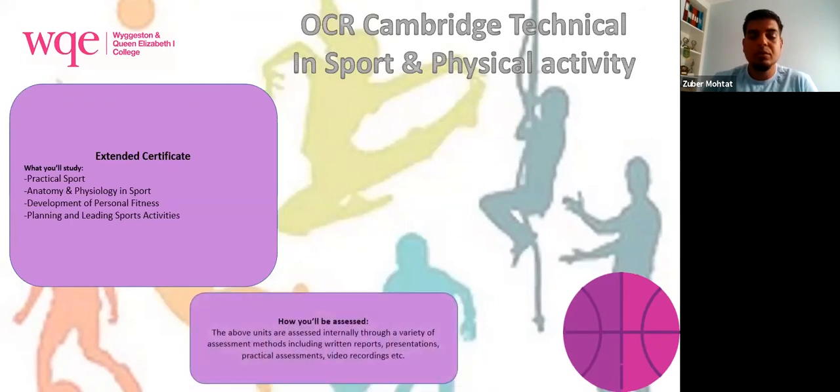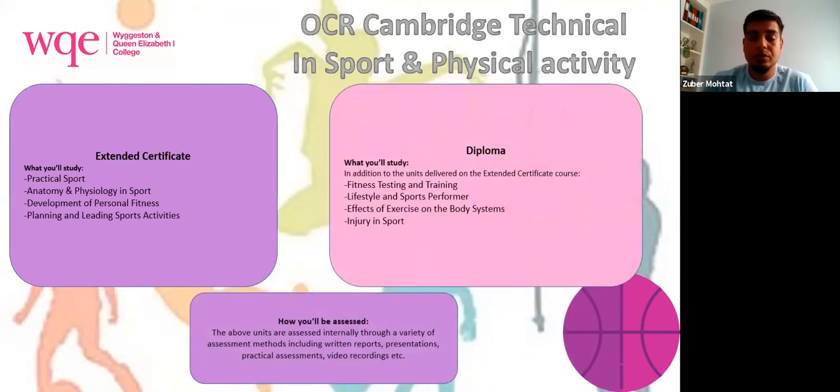So these are all the units that you'll be studying on the extended certificate course or the diploma course. If we start with the extended certificate, you've got a variation of different units, such as practical sports, where you have to play an individual sport and a team sport, and then you'll be assessed on your performance.